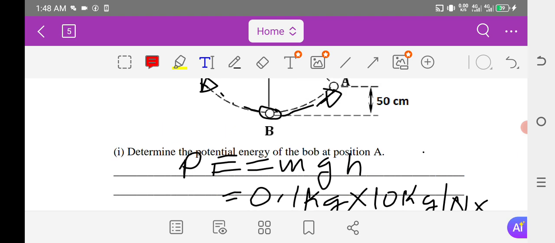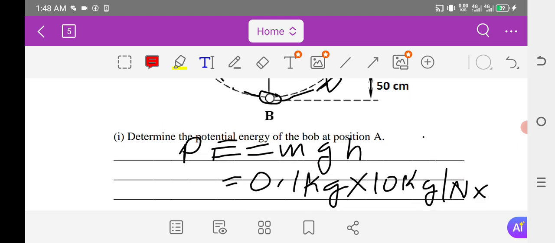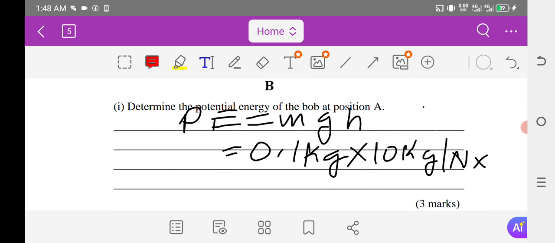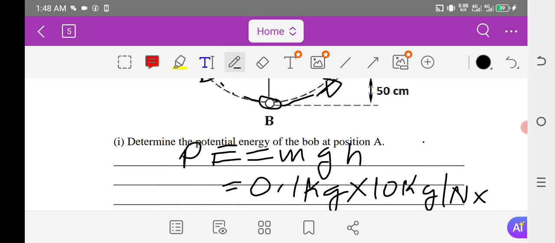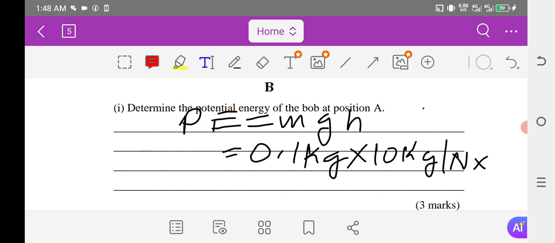We are told the height is 50 centimeters, which must be changed to meters, which is 0.5.